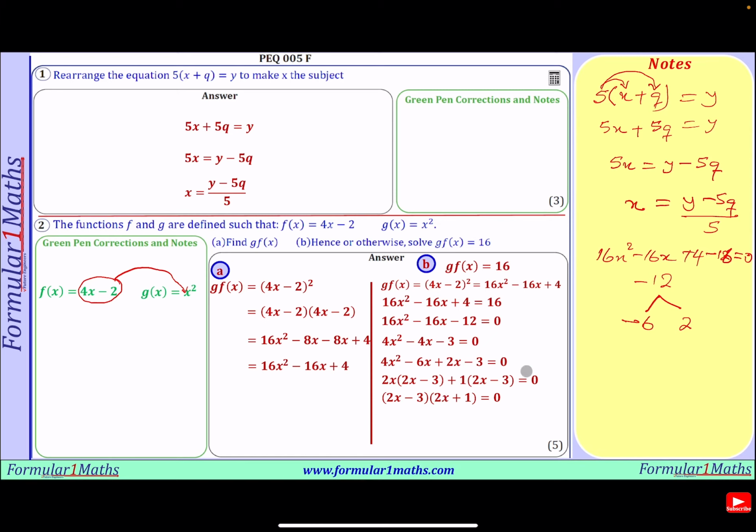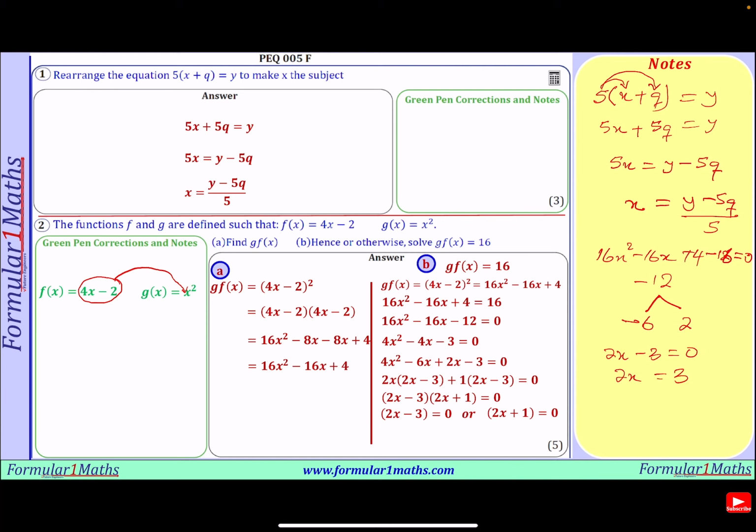So now we can solve that by saying 2x minus 3 is equal to 0, or 2x plus 1 is equal to 0. If I solve this one, I'll get 2x minus 3 equals 0. Take the minus 3 to that side, you're going to get 3.